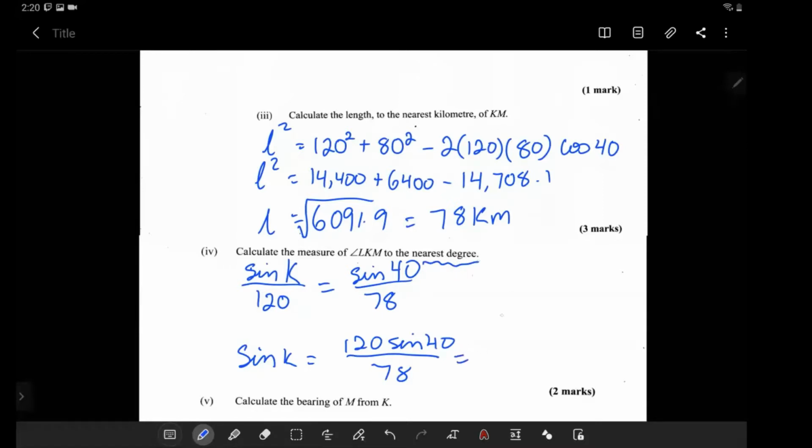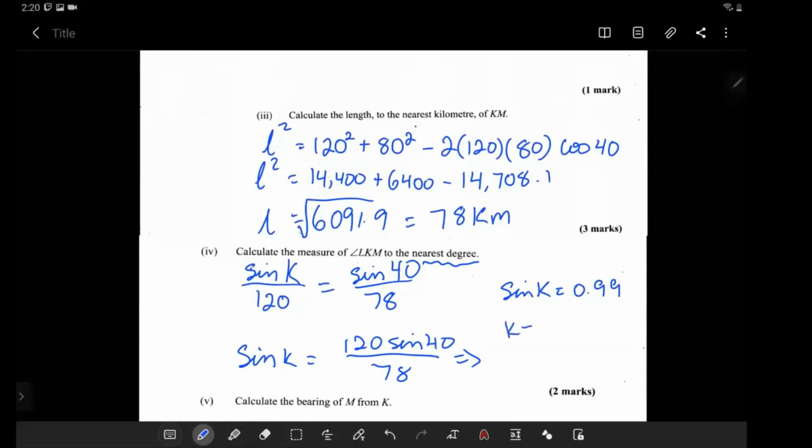So you could simplify this a little bit. So we'll get sine K is equal to 0.99.